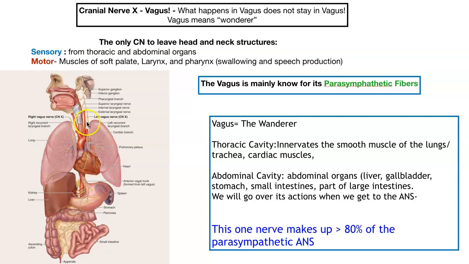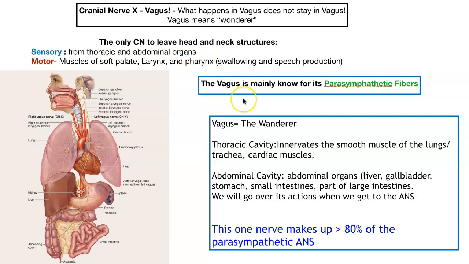It is actually giving us sensory from thoracic and abdominal organs, and it's giving us motor to the muscles of the soft palate. So when you say ah at the doctor's office and your soft palate goes up, they are checking the motor of vagus. It's also going to the larynx to help with speech, and to the pharynx to help with swallowing.